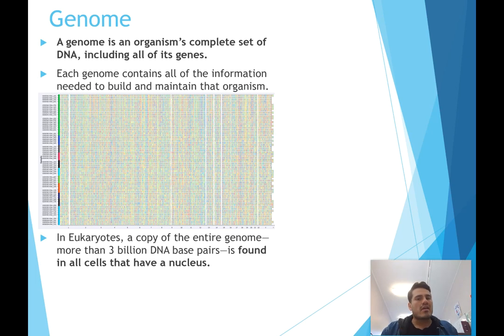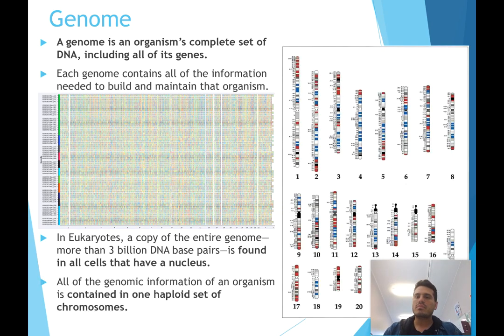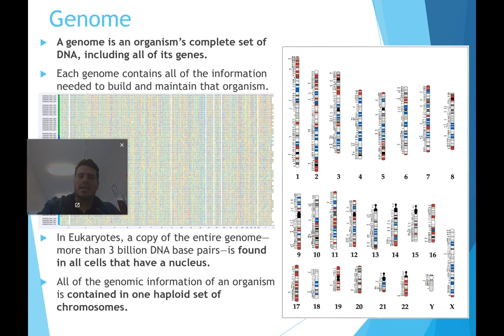And in eukaryotes, like us and like trees and like mushrooms and like the tardigrade, a copy of the entire genome, so more than 3 billion base pairs, is found in all of the cells that have a nucleus, so nearly all of the cells of our bodies. All of this genomic information of an organism is actually contained in one haploid set of chromosomes.